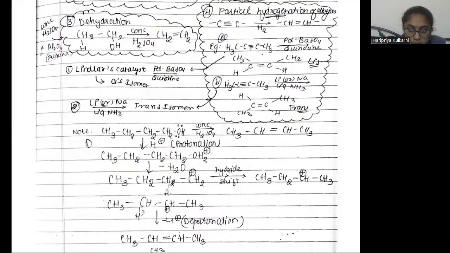If we take Lindlar's catalyst, we will get the cis isomer, that is, we will get the same type of molecules on the same side. In the first example, I have used Lindlar's catalyst, that is palladium with BaSO4 and quinoline. So I'm getting both CH3 upwards on the same side, and both hydrogens downwards on the same side. So this is known as a cis isomer.